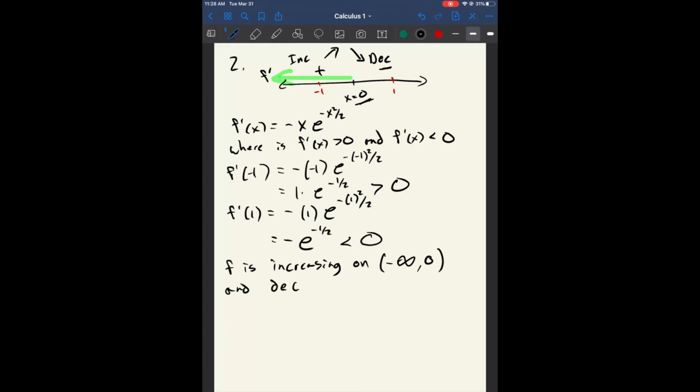And it's decreasing on this part of the graph, so from 0 to positive infinity. And we leave out the point at x equals 0 because that's one of our critical points, and it's really not increasing or decreasing at that point. Okay, so this answers question number 2. So check on number 2.